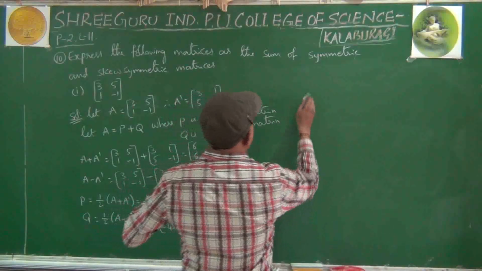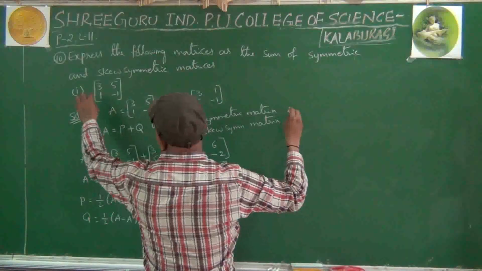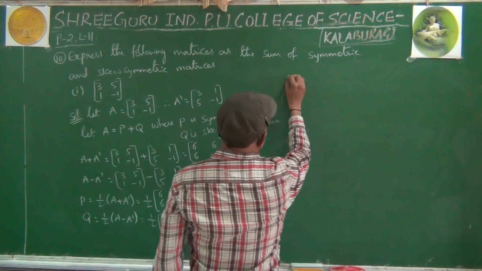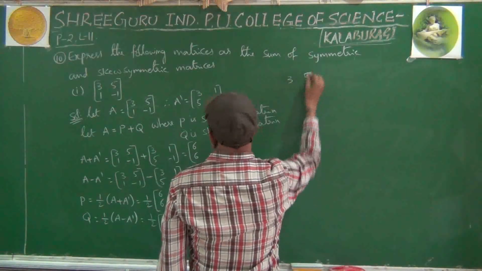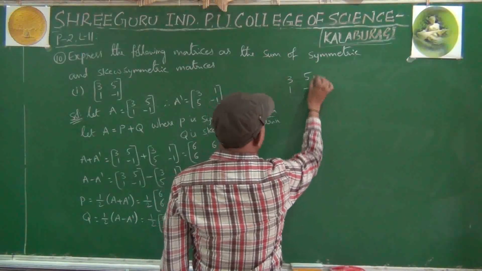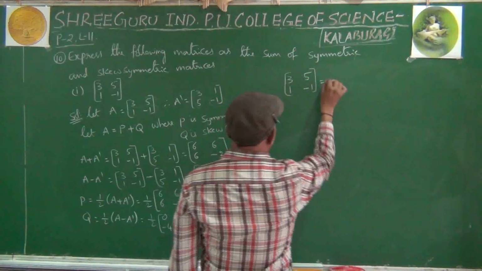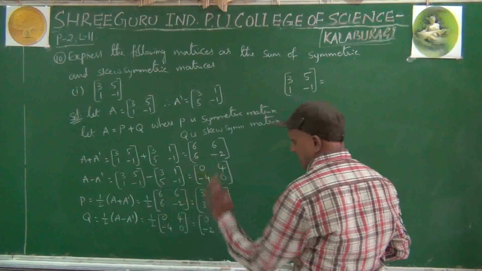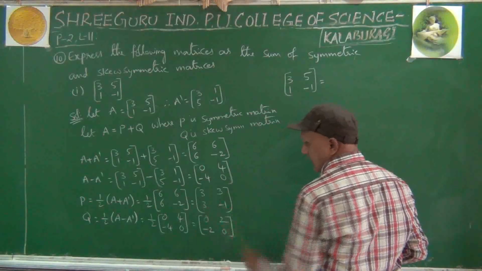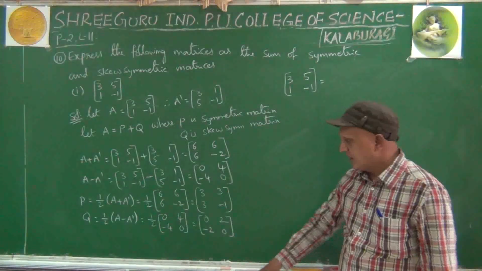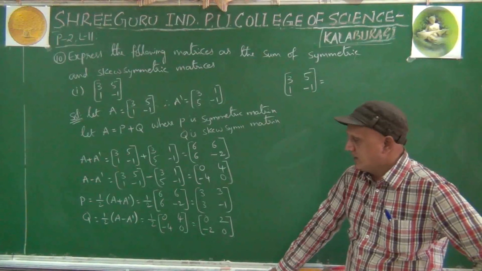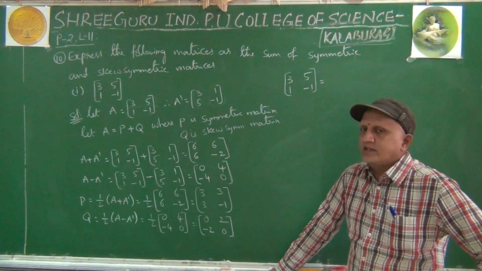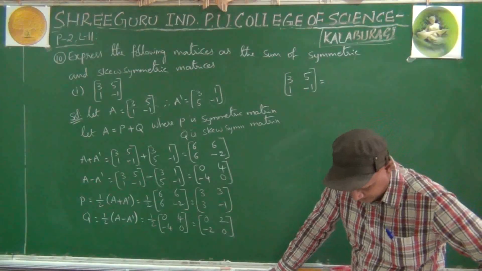Look here. Therefore, given matrix A, 3, 5, 1, minus 1, equals the sum of symmetric and skew symmetric. This is symmetric. Observe carefully. How do we confirm whether it is symmetric or not? What is the definition of symmetric and skew symmetric matrices?